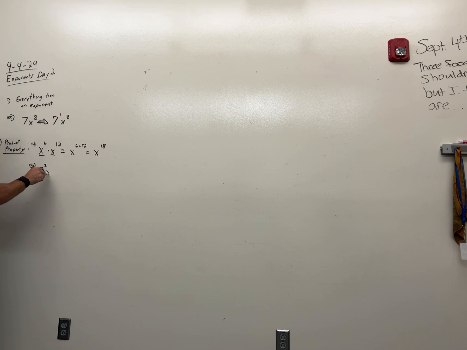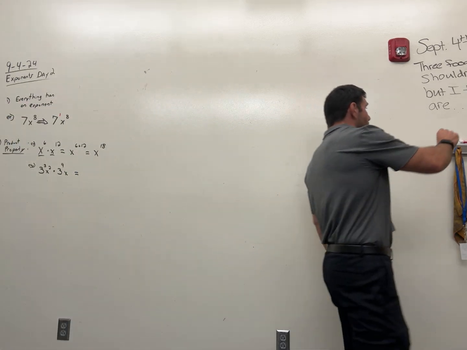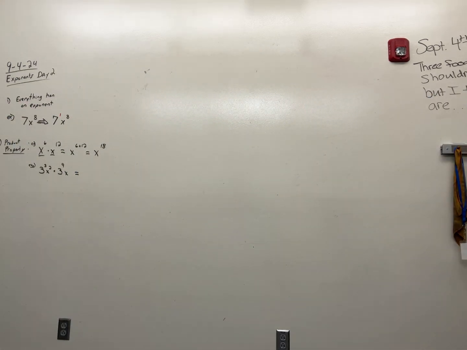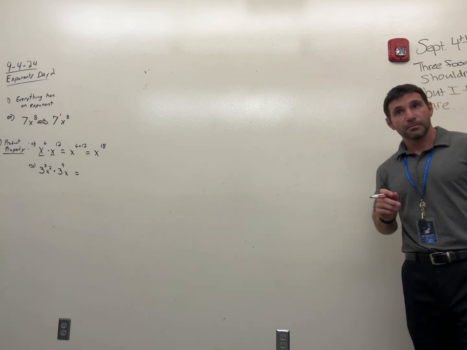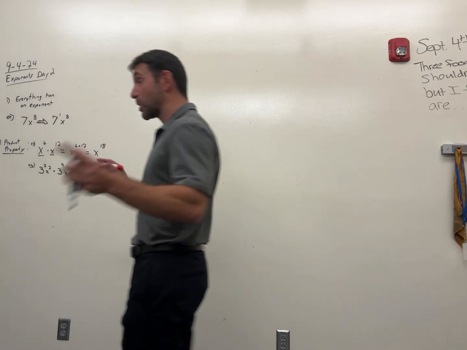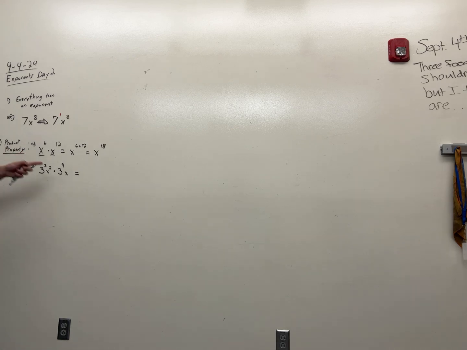3 to the 3rd, x to the 2nd, times 3 to the 9th, x. Okay? Looking at this example, what doesn't have an exponent? So, which x? First x or second x? Second. The second x doesn't have an exponent, so we're going to put a 1 in there for it. Do we have like bases?